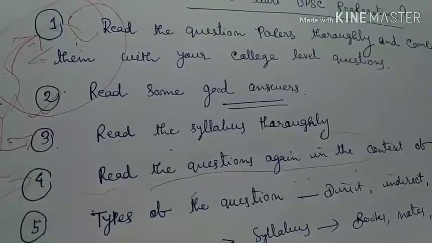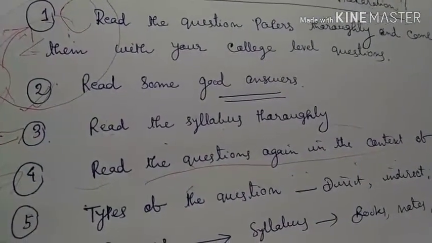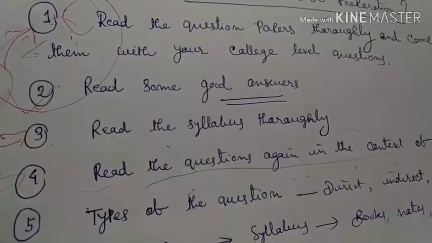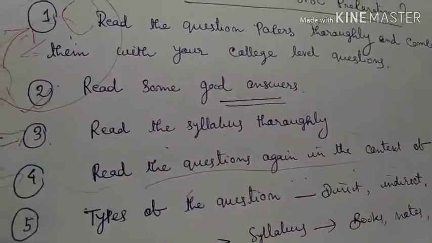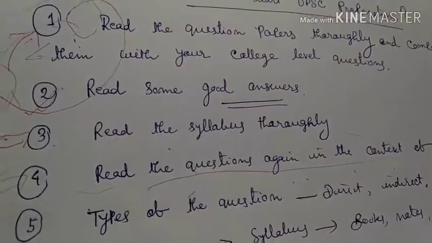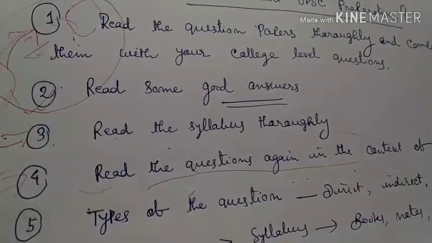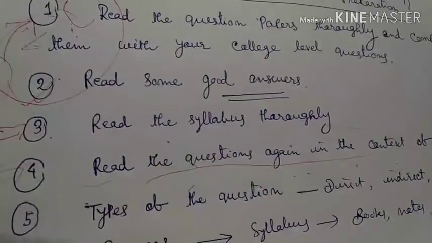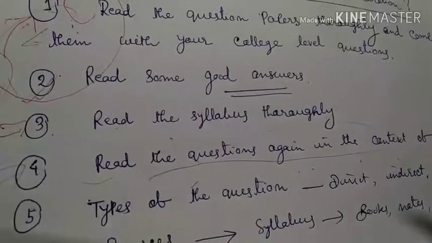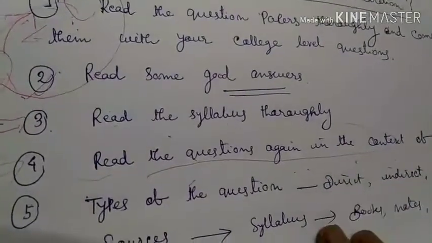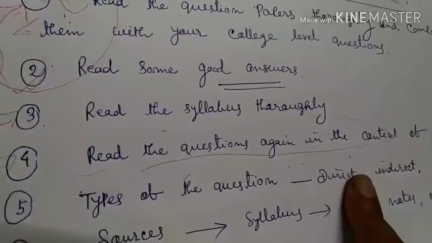What type of questions are asked from the syllabus? How are the questions related to the syllabus? Are the questions related to the topics given in the syllabus, or are they different from it? Are they outside the syllabus? To what extent are the questions asked from the syllabus and to what extent are they out of the syllabus? This is a very important thing.